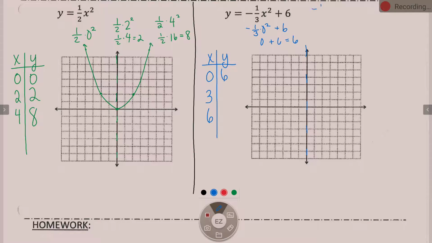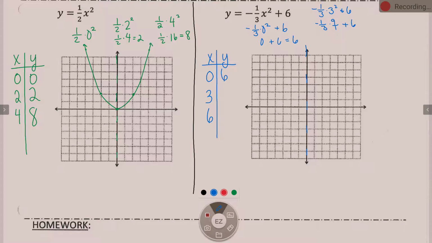3. 3 squared times negative 1/3 plus 6. So 3 squared is 9. Negative 1/3 times 9. What is a third of 9? 3.